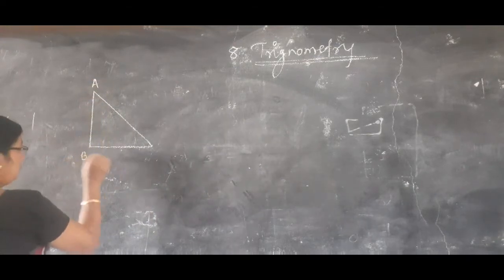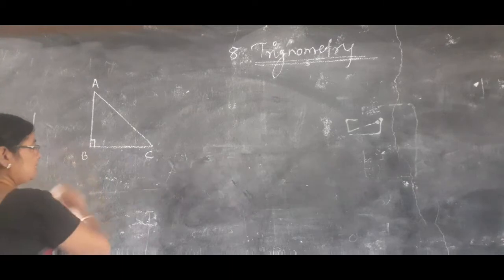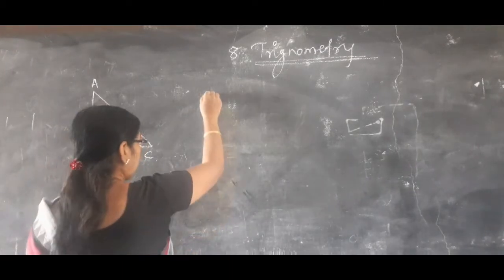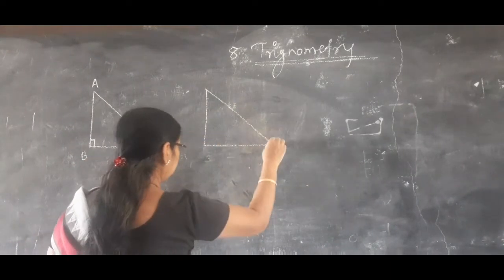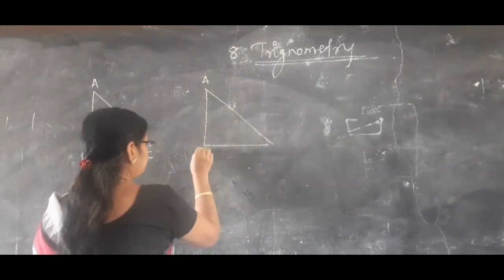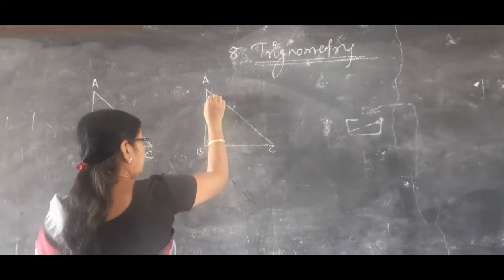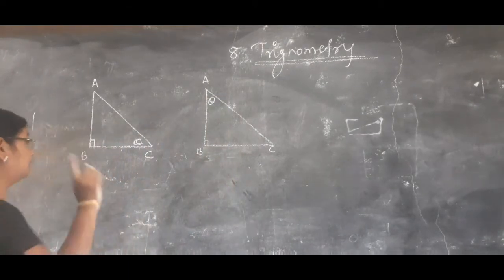Now if ABC is given, B is 90 and C is theta. Again, in the second figure, ABC is there, the angle is 90 and the other angle is theta. So always there are three terms.